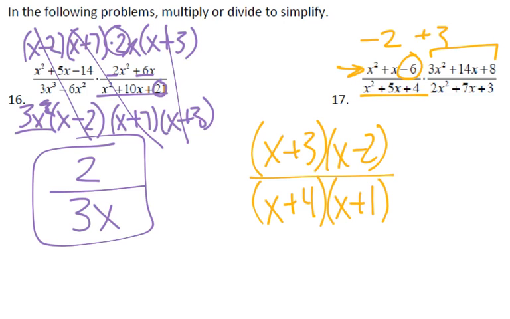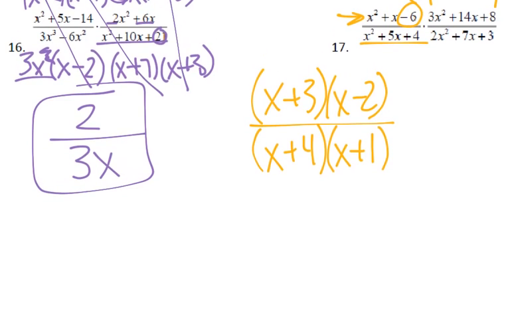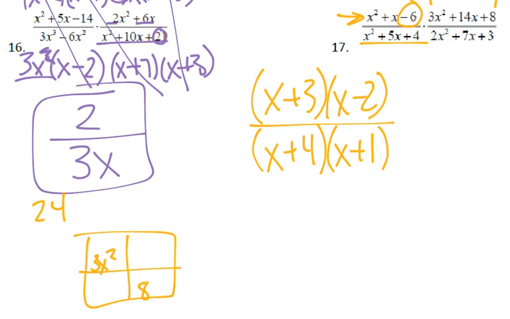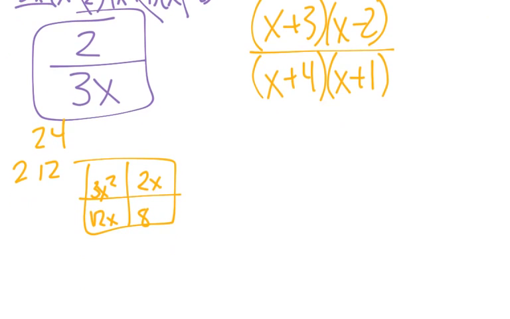Now 3 times 8 would give us, these are the tricky ones, 24. Factors of 24 that give us a 14, 2 and 12, so 2x, 12x, so that's like 3 times 4, that's like 2 times 4, so positive 4, 3x plus 2, and x plus 4.